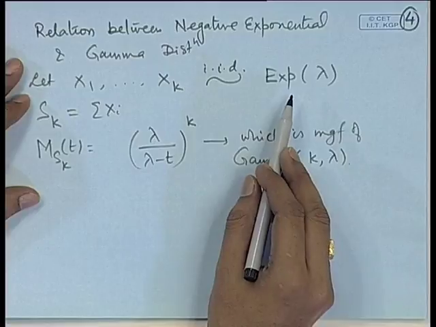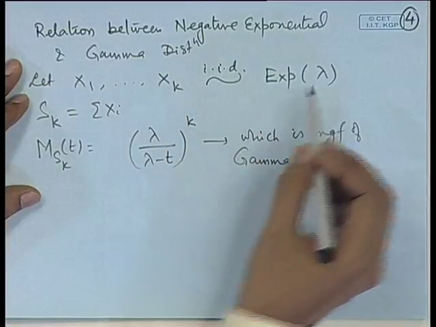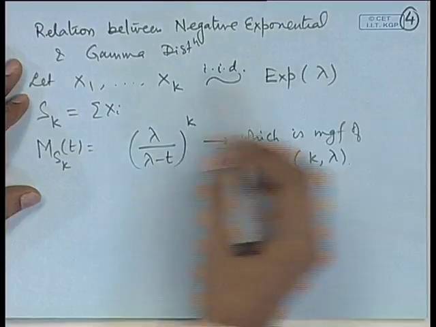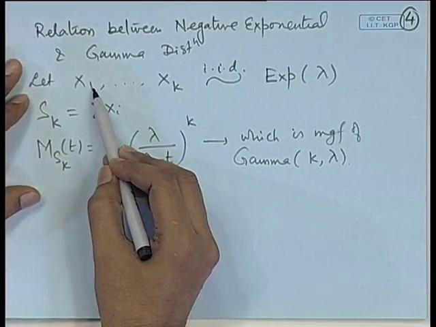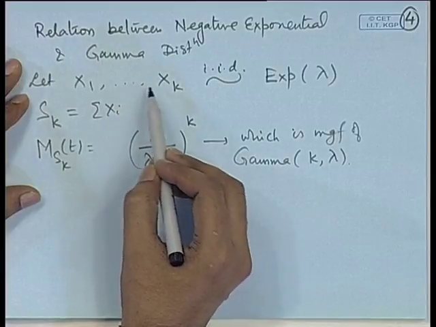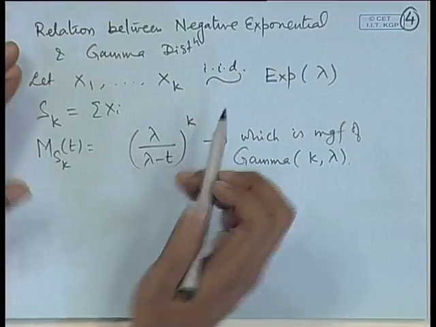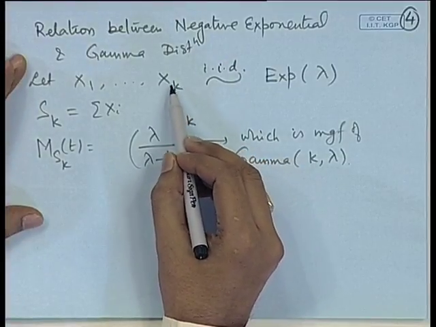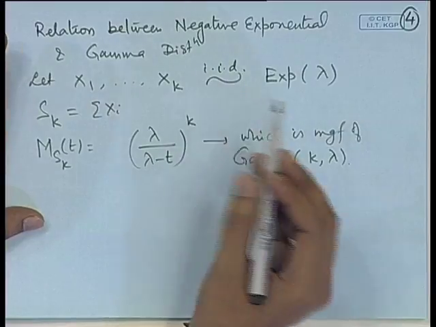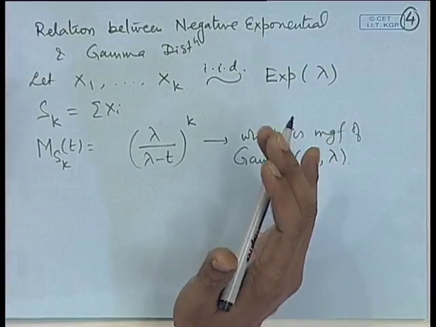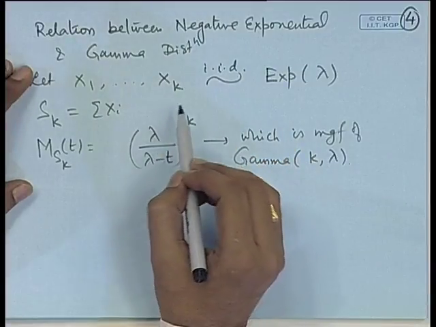So, physically if we represent this result, if we are observing a Poisson process with rate lambda, X1 denotes the waiting time for the first occurrence, X2 denotes the waiting time for the first occurrence at another point of time, Xk denotes the waiting time for the first occurrence in a kth observation of the process.